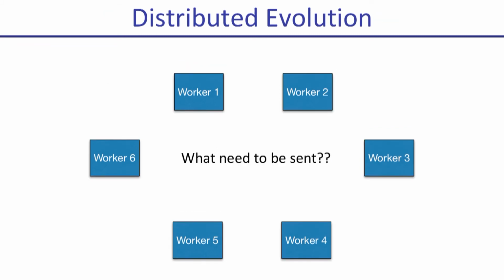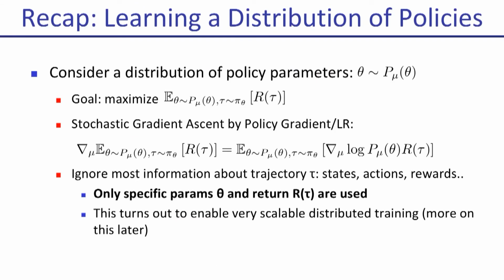Then let's think about distributed evolution. What needs to be sent in distributed evolution? Just a recap of the previous slide: we said that it ignores most information about the trajectory, states, actions, and rewards, so we never send them, which is a nice thing. If you were to send images, it would also be pretty big.